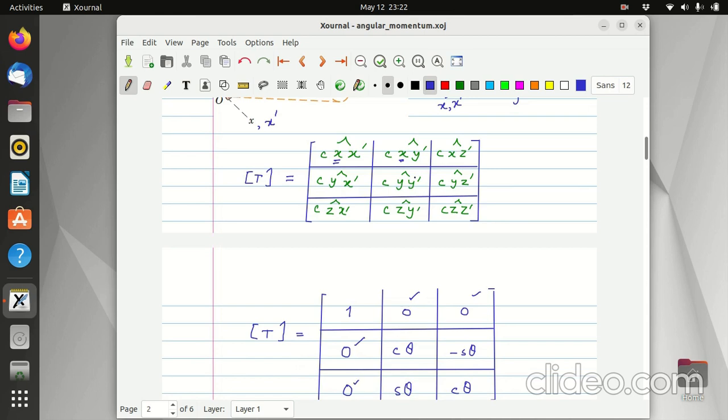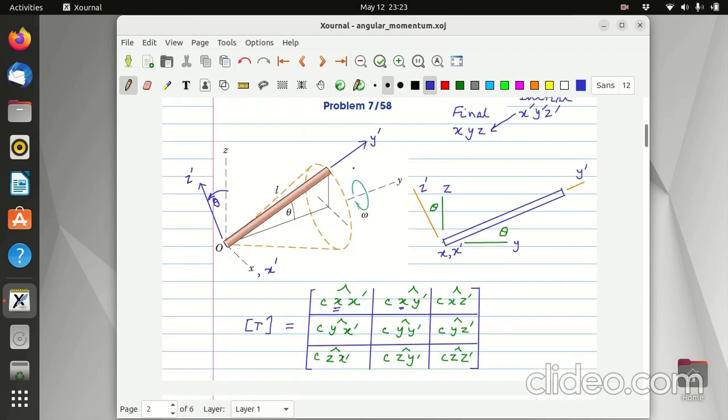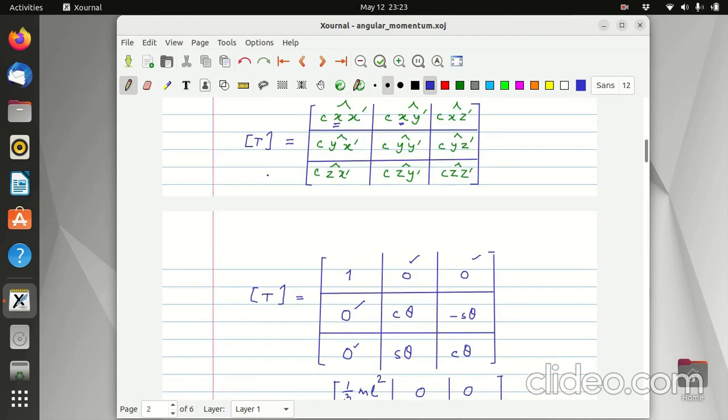And here cos of y and y dashed. What is the angle between y and y dashed? It is theta. So this is cos theta. And this is y and z dashed. What is the angle between y and z dashed? That is 90 degrees plus theta. So it should be minus sin theta.